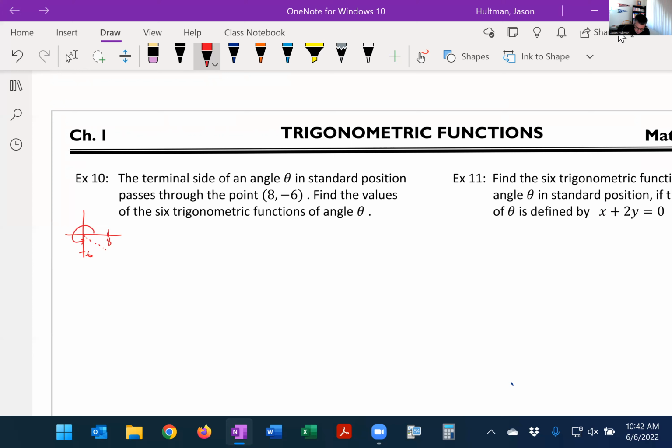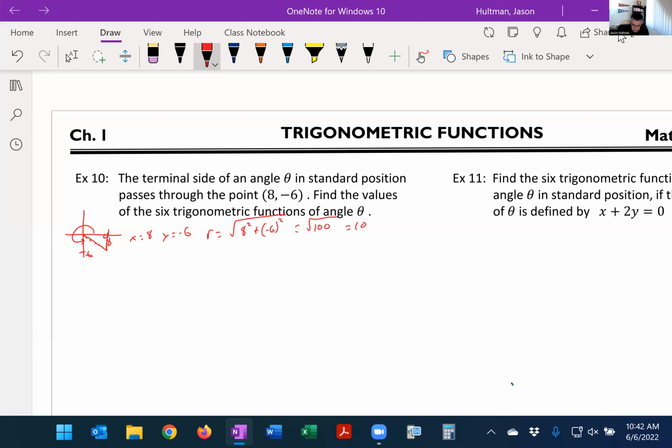And so if we were to draw a right triangle, we would get our x value is going to be 8, our y value is going to be -6, and so if I do r equals the square root of x squared, which is 8 squared, plus -6 squared, y squared, that's going to be equal to the square root of 100, which is 10.